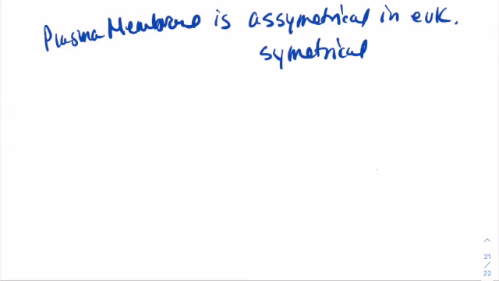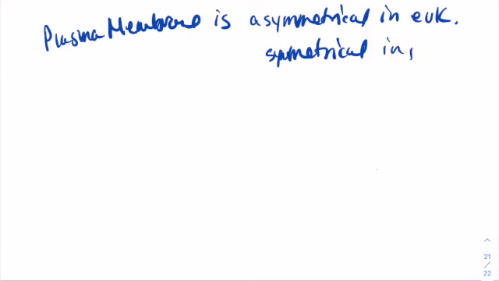Asymmetrical does not look like I spelled it right. Oh, there are two M's. Well, dang. Oh my gosh, it's a good thing I'm not teaching English, right?